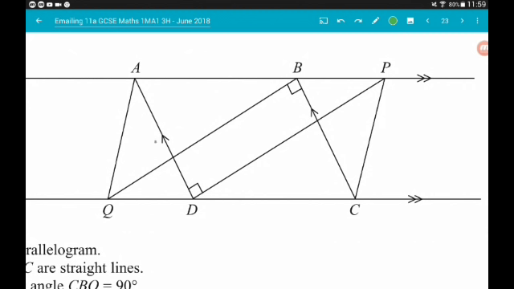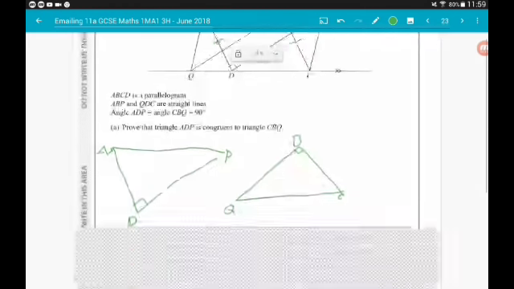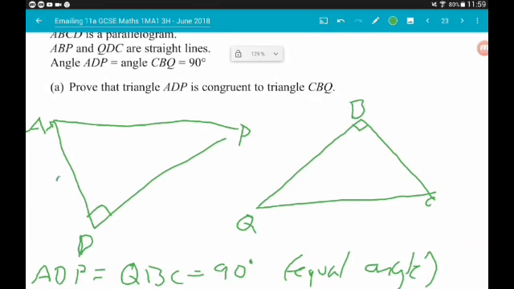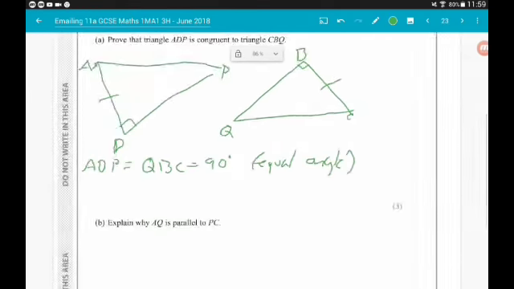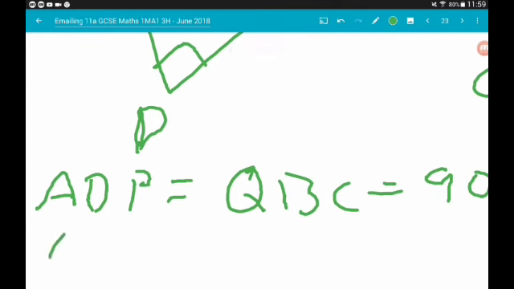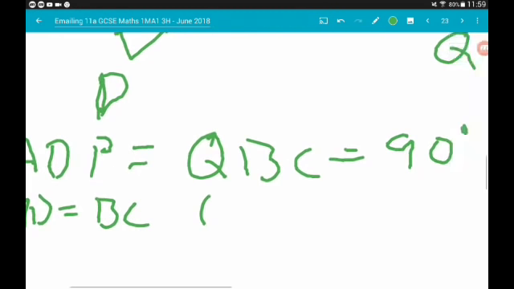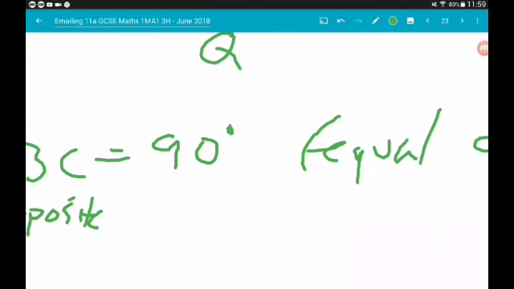So this side here is equal to this side here. So on our triangles, this length is the same as this length. So the reason for that, AD is equal to BC, is because opposite sides of a parallelogram are equal.